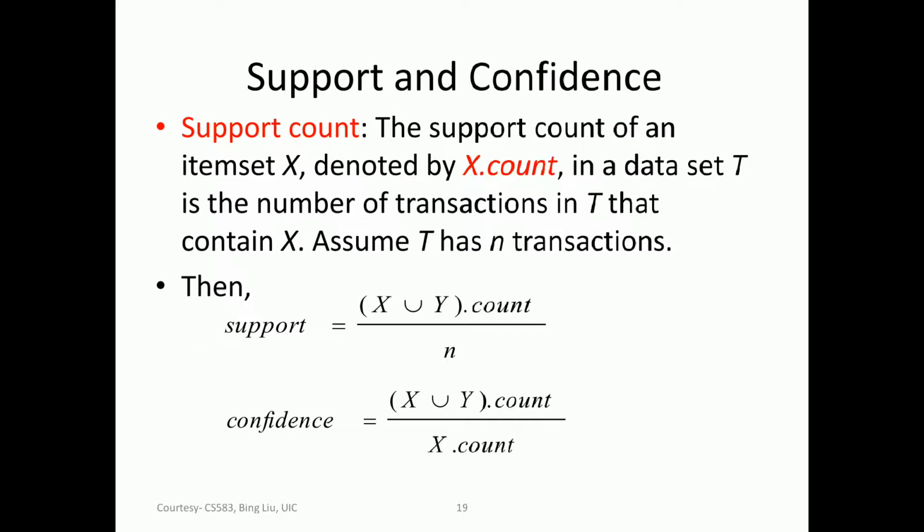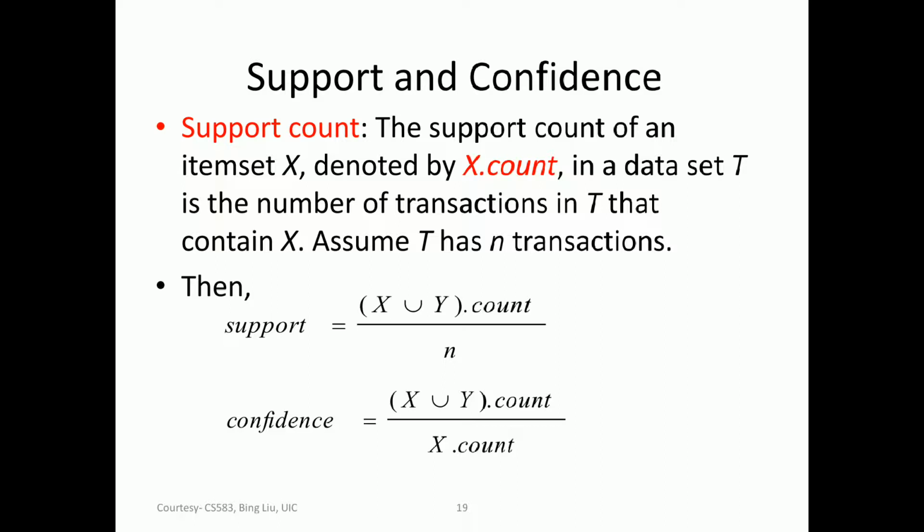So the mathematical model of the support and confidence is given as follows. The support count of an item set X, denoted by X.count in a data set T, is the number of transactions in T that contain X. Assume that T has n transactions, then the support is given as (X union Y).count, that is the number of transactions having X and Y, divided by the total number of transactions n, and the confidence is given as (X union Y).count, the number of transactions having both X and Y, divided by X.count.